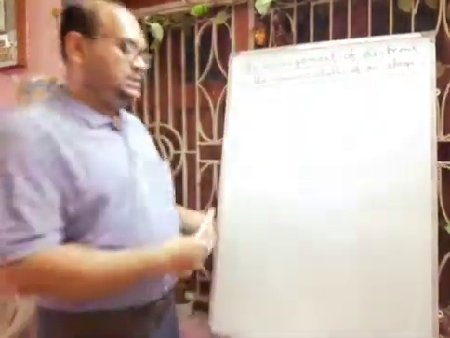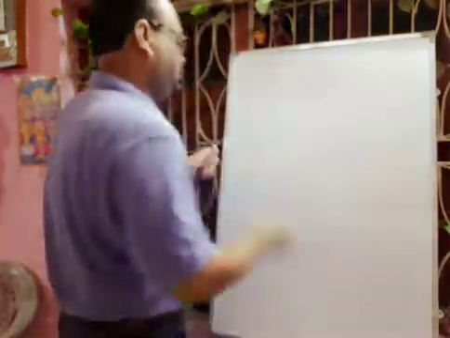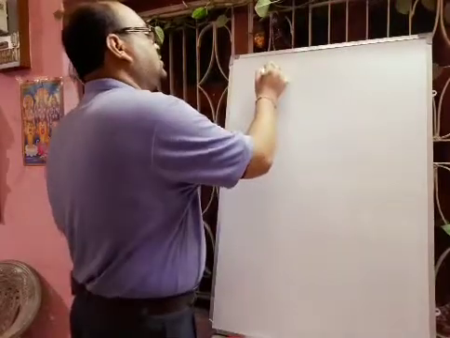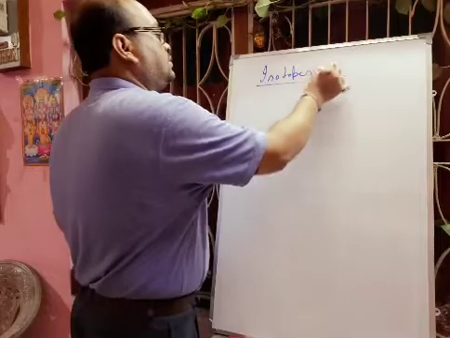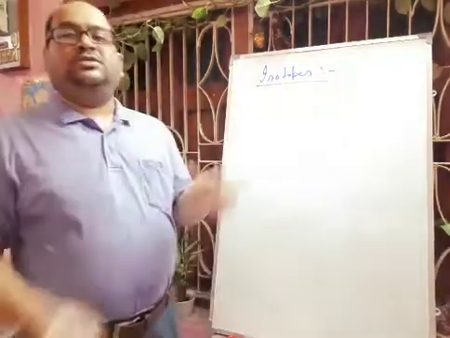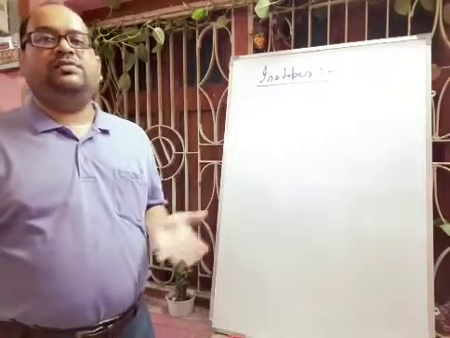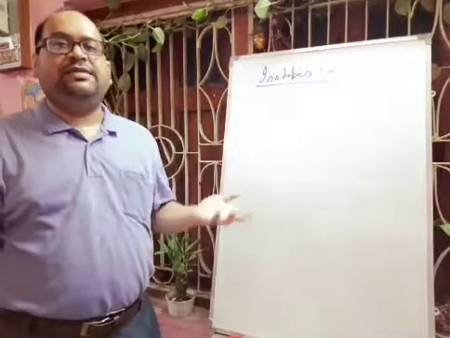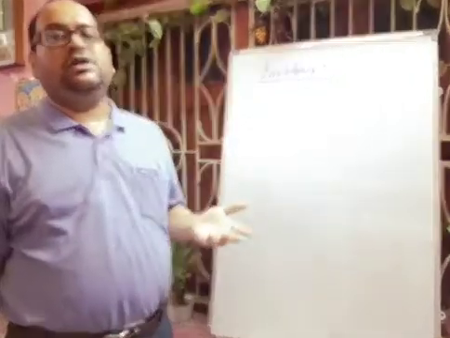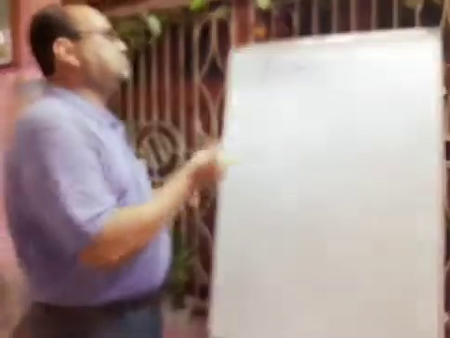Next we will discuss a new topic, that is isotopes. Now isotopes are atoms of the same element having the same atomic number but different mass number. Isotopes of an element have the same number of electrons and protons but differ in the number of neutrons. Like hydrogen has 3 isotopes.